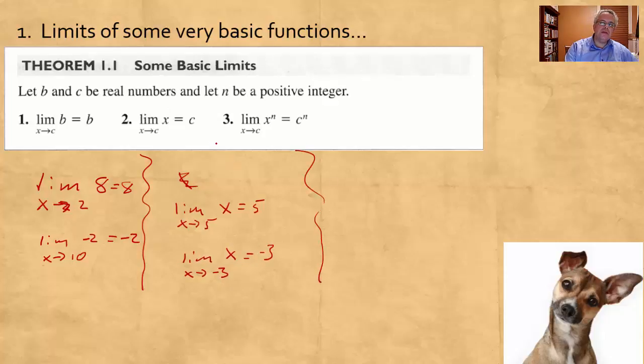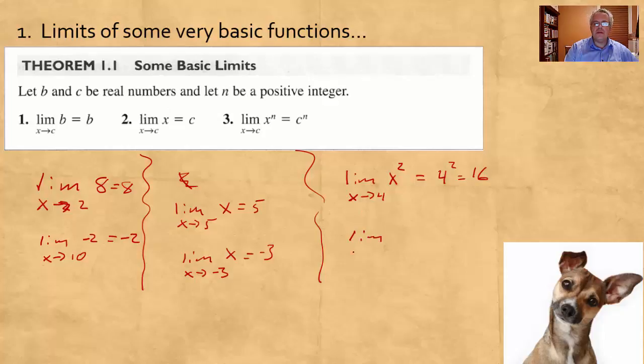Okay, this last one is the limit of a power. So an example would be the limit as x approaches 4 of, say, x squared. What this says is just that is the number squared. 4 squared, which is 16. Okay, so it kind of makes sense. As x is getting closer and closer to 4, its square is getting closer and closer to 16.